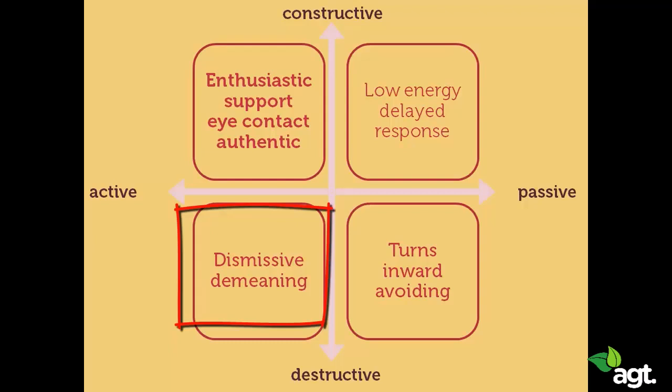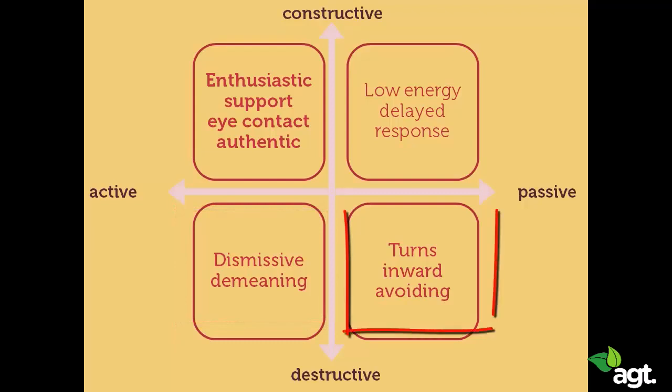The active destructive way to respond will be something along the lines of, ooh, that sounds like a lot of responsibility to take on. There will probably be more stress now, you will have to work longer, do you at least get more paid? The passive destructive is not even acknowledging the good news. It's saying something like, what's for dinner? Or simply leaving the room.